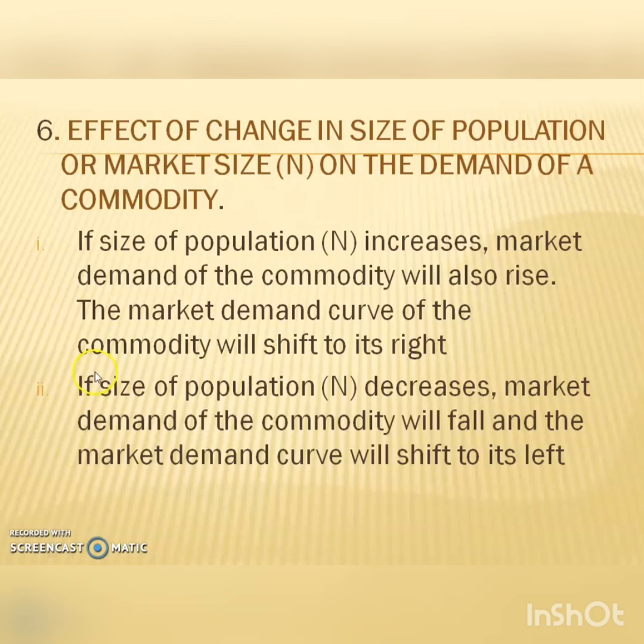Then the second situation, if the size of population decreases. Size of population means the number of people in a market decreases. The market demand of the commodity will fall and the market demand curve will shift to its left.